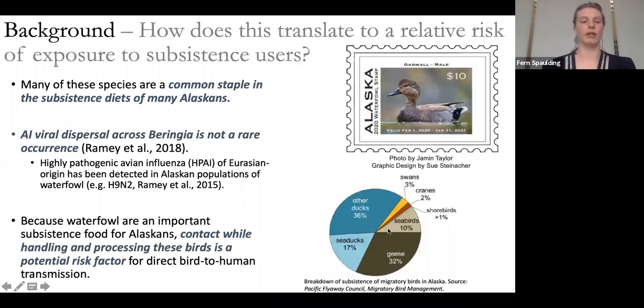Because waterfowl are an important subsistence food for many Alaskans, contact while handling and processing these birds is a potential risk factor for direct bird-to-human transmission. And here on the right-hand side, this is just a breakdown of the subsistence use of migratory birds in Alaska.